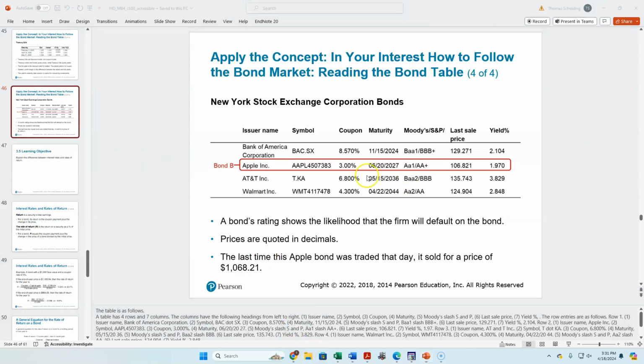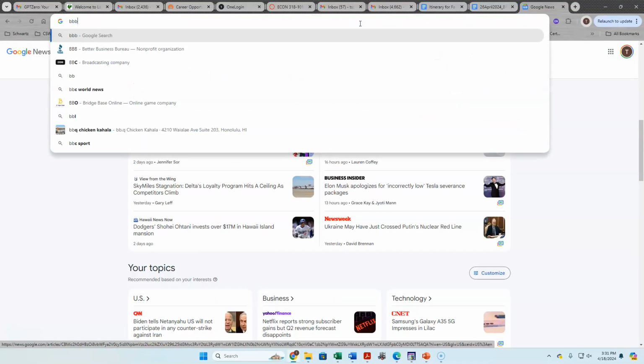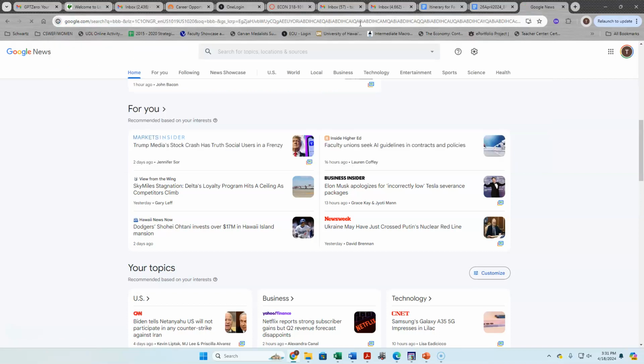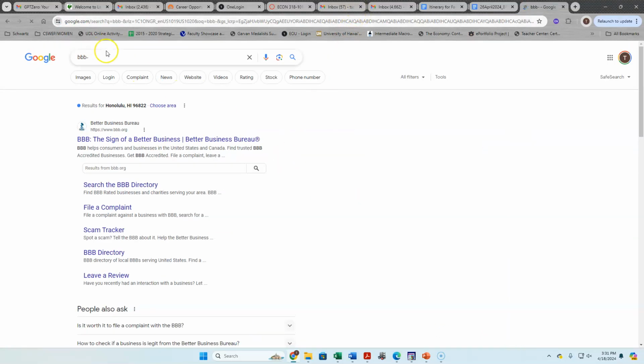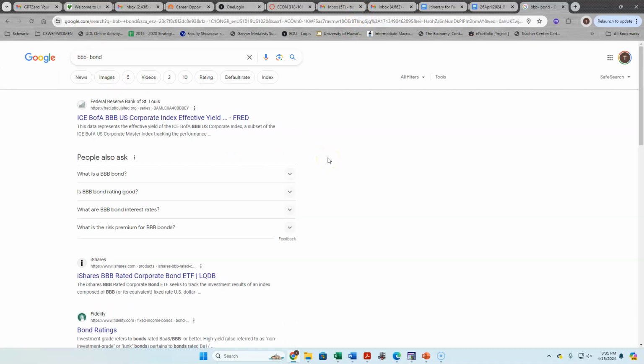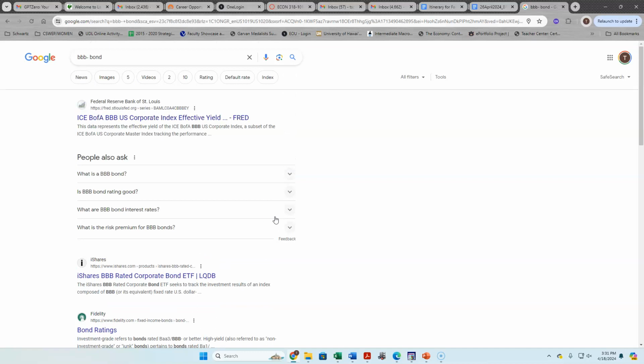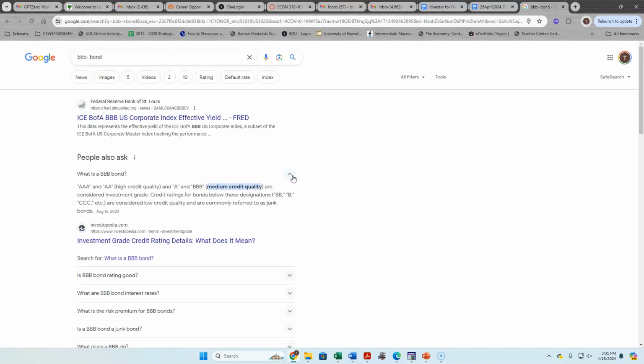I think it actually only takes triple B minus to get to junk, I think. Sorry, I just want to check, because I don't think I've actually looked at that. You could call it a junk bond, but a nicer term would be a higher default risk, low credit quality, commonly referred to as junk bonds.